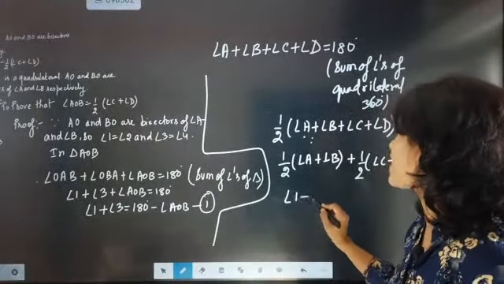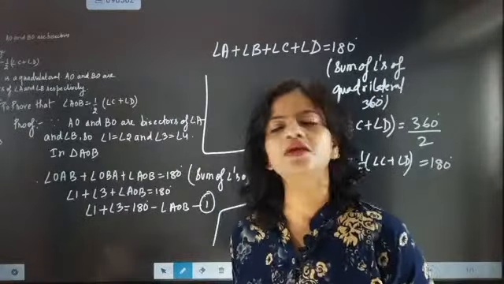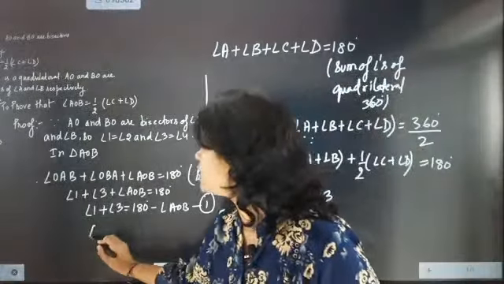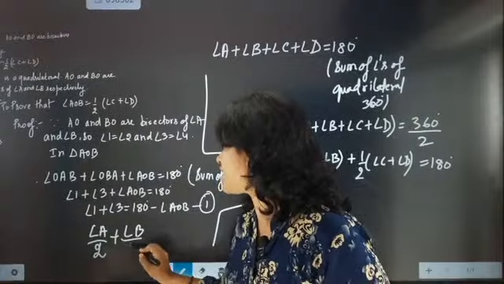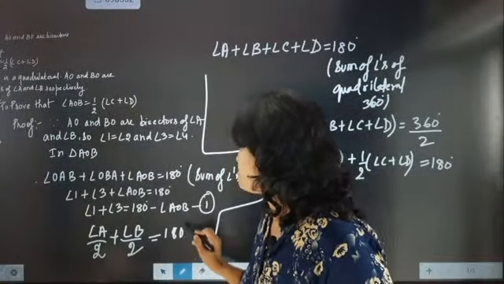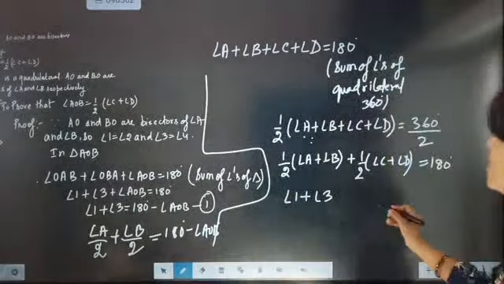So we are going to write angle 1 plus angle 3, because here angle 1 plus angle 3 is nothing but half of angle A and half of angle B. So here, if you want, you can write it as angle A by 2 plus angle B by 2 equals 180 degrees minus angle AOB. You can write it like that also. Just substitute this now.